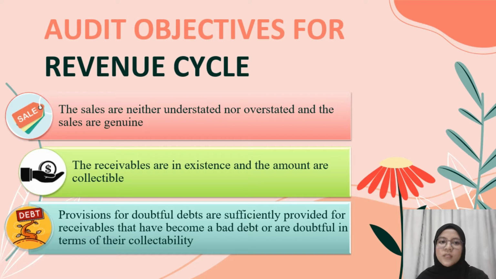So, the management should make provision for the doubtful debt and record it. The role of the auditor here is to assure that the provision recorded is adequate, since they will use all the information in their audit work, and insufficient provision will affect their audit work.